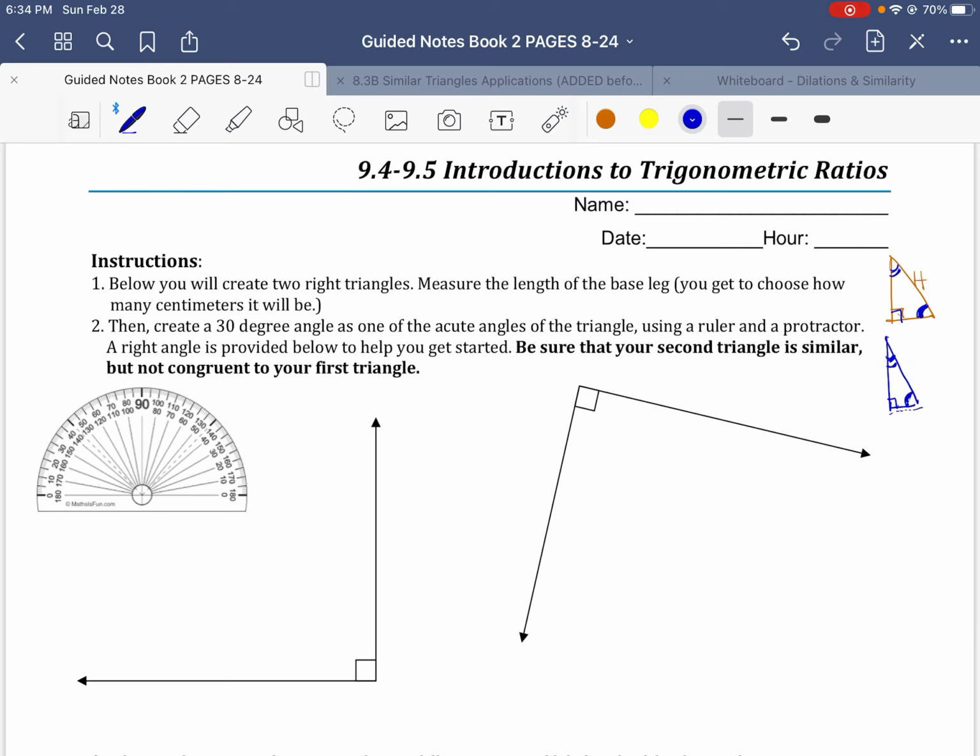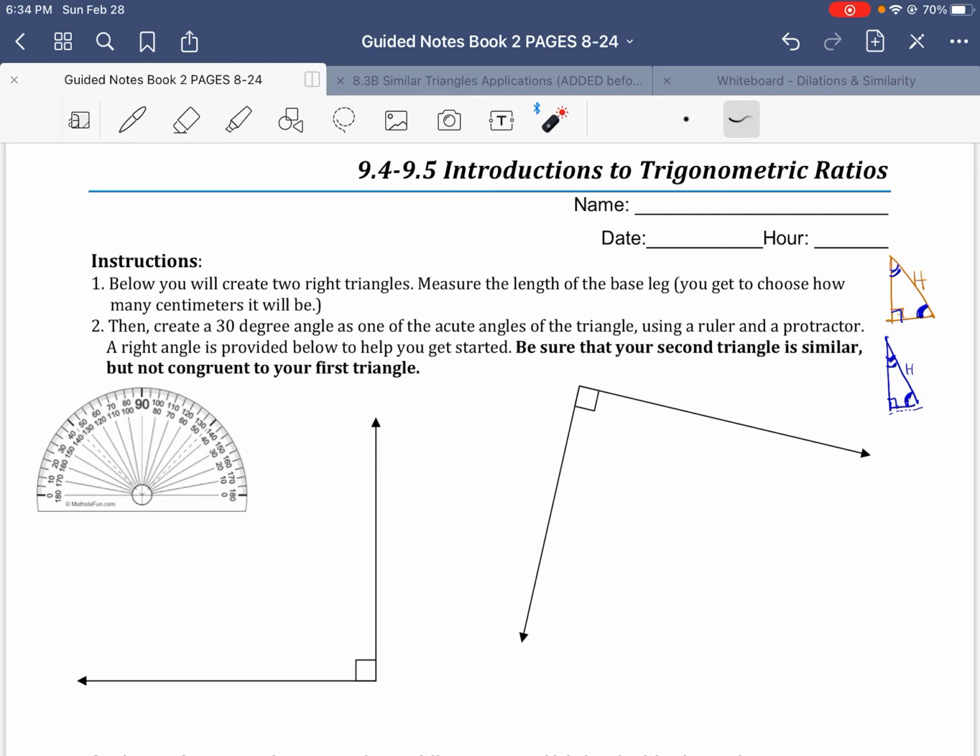Just because of the nature of the triangle when you change those angles. It still has a hypotenuse, but those legs are changing lengths. So our trig ratios is going to talk about, well, how does this angle affect that length? And how does this angle changing affect this length? What's that relationship? How does that affect the hypotenuse?